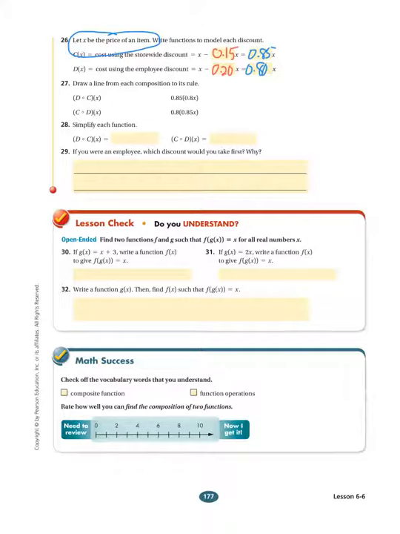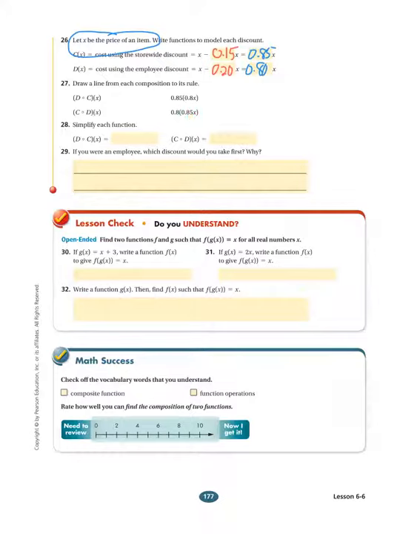Next, number 27 says draw a line from each composition to its role. We managed to find a function for both C and D. Basically, the first one is saying you're going to take D and plug C into it. D is this one right here, so that should come first, 0.80, parentheses, and then you put the 0.85 in there.